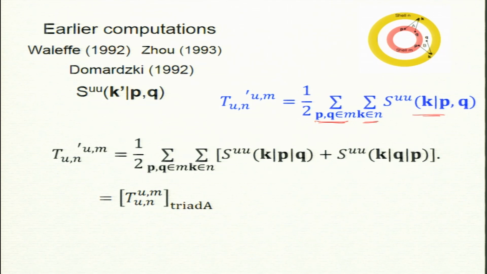This is where the mode-to-mode formula wins. It can compute the shell-to-shell transfer exactly, and this is a problem with quite a few papers. There is a variation which I discuss in the book, but I will not discuss that here. So, triad B is missing in this.